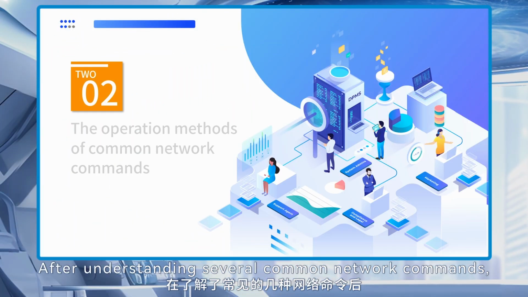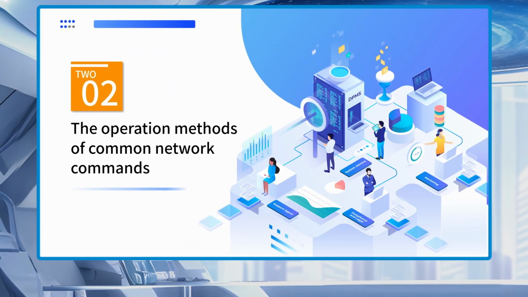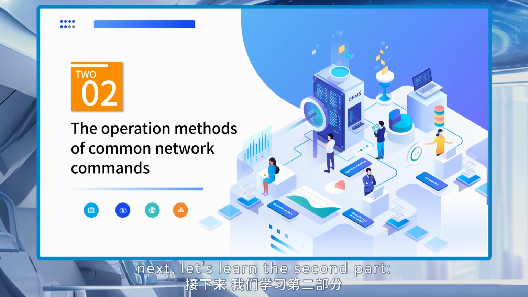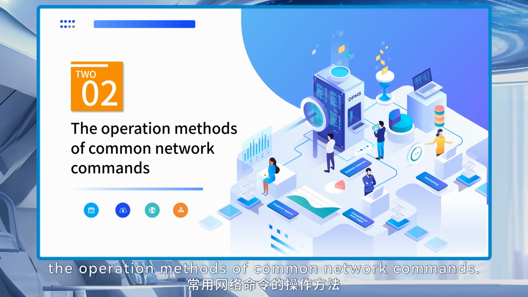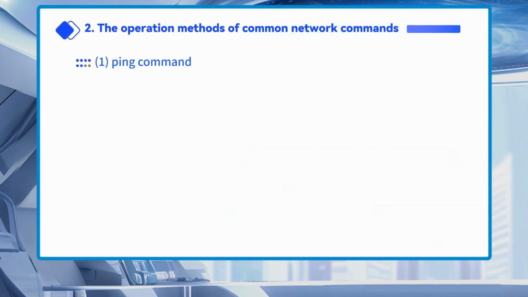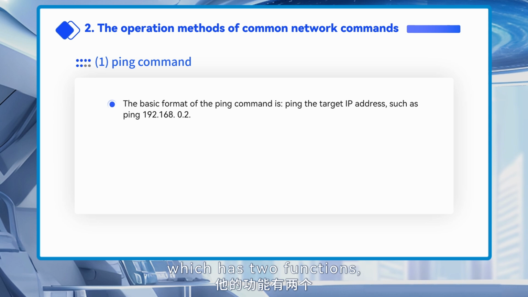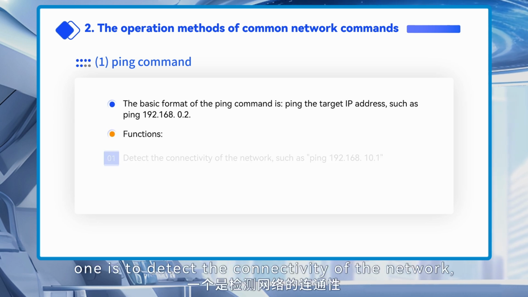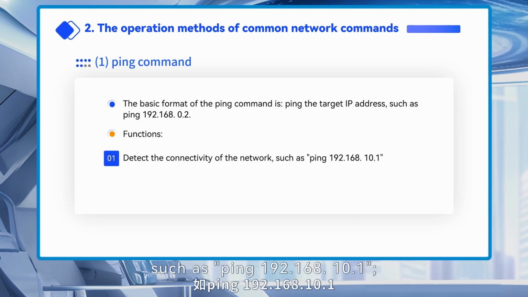After understanding several common network commands, next, let's learn the second part, the operation methods of common network commands. The first is the ping command, which has two functions. One is to detect the connectivity of the network, such as ping 192.168.10.1.